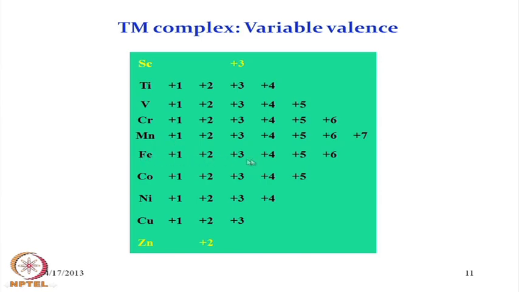Similarly, iron in some condition is very uncommon to reach up to an oxidation state of +6. In case of cobalt, we can go up to +5.